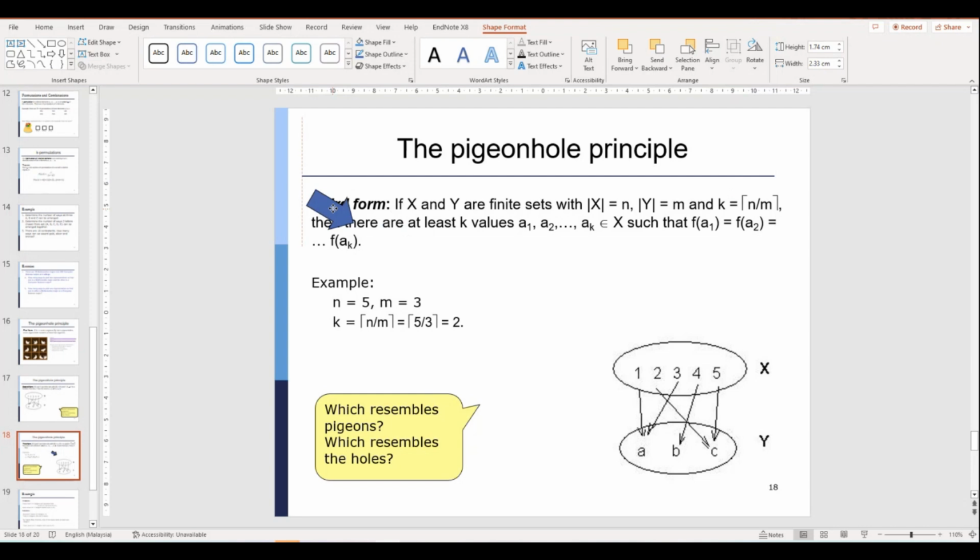Then there are at least k values a1, a2 to ak, elements of X, such that the mapping of a1, a2, the mapping of any of the elements inside X, may be similar.